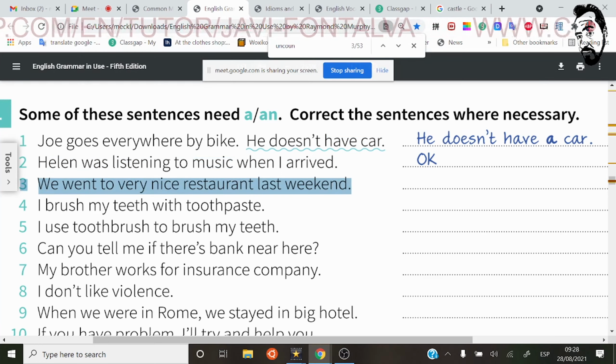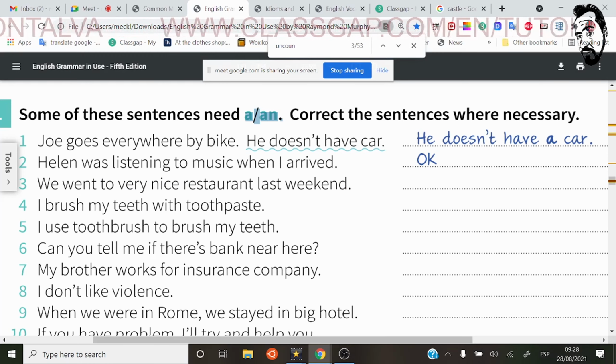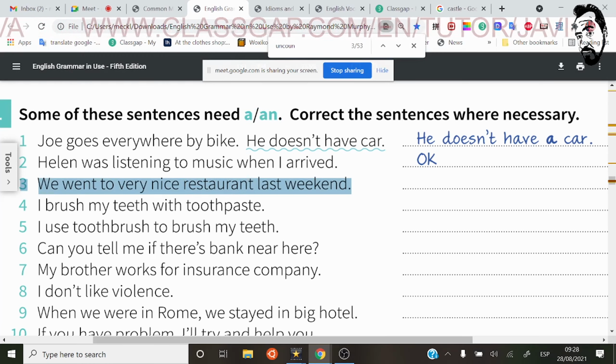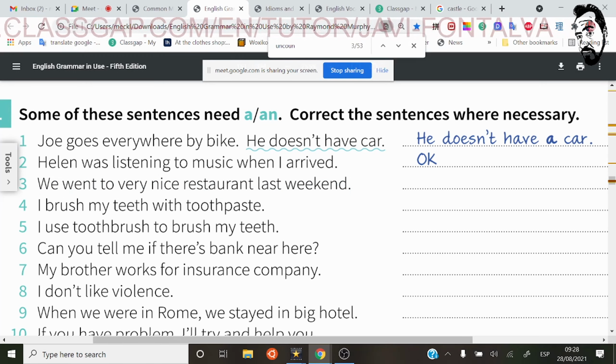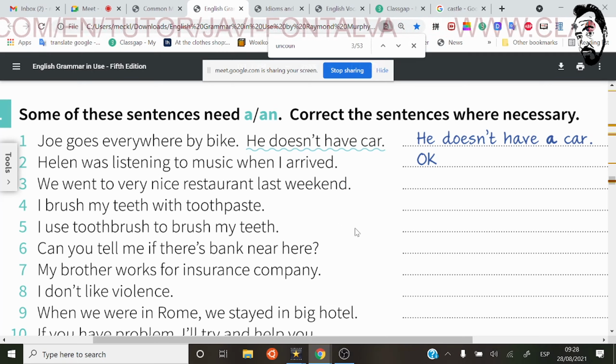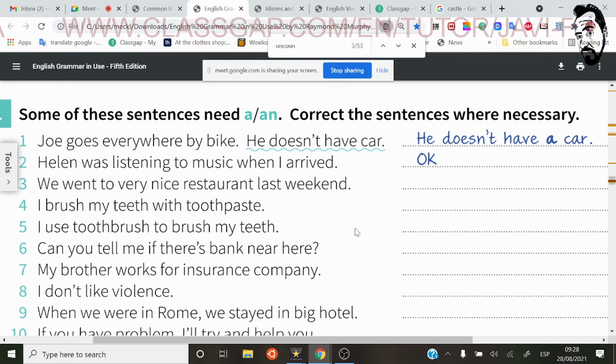Okay. Number 3. Sometimes you're gonna need this, sometimes you don't need this. Is it okay or not okay? We went to very nice restaurant last weekend. Correct or incorrect? It's not okay.